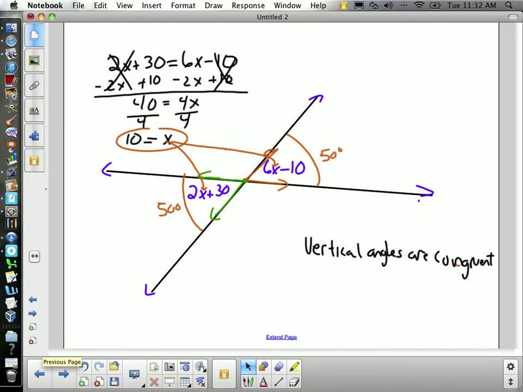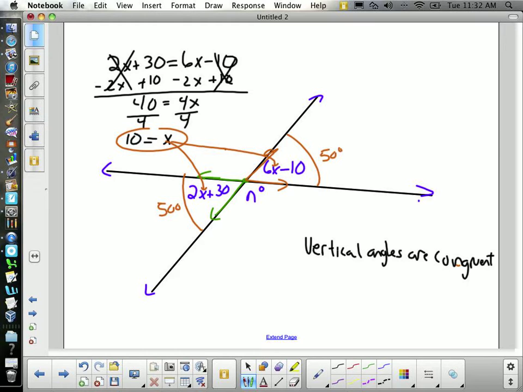Not only that, though, but now I could, if I needed to, find the measure of this. Because what kind of pair do we have between the 2x plus 30 and the n here? What kind of pair is that? What do we name that angle pair? Linear pair, yes. And linear pairs are what property?